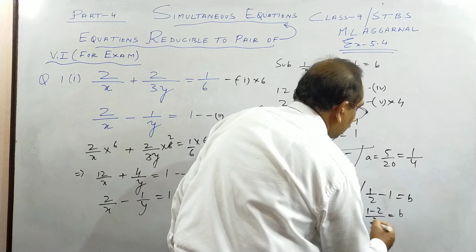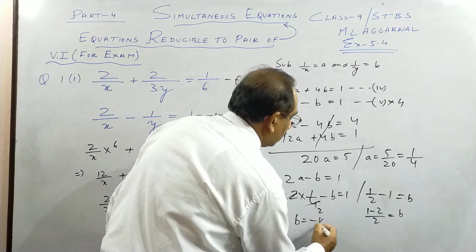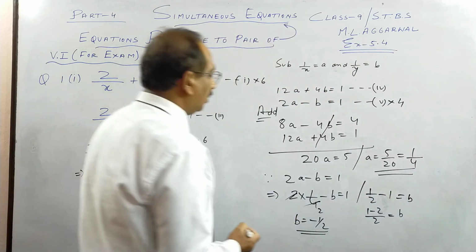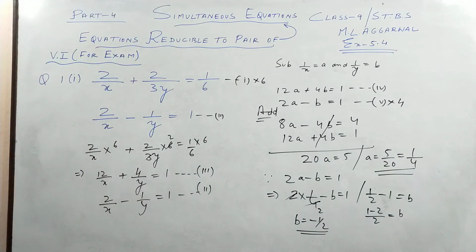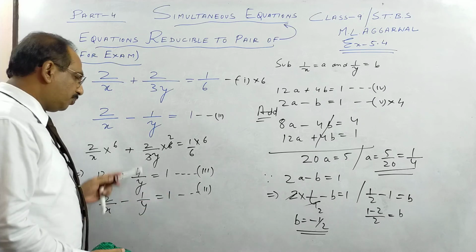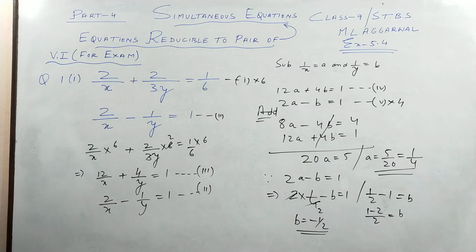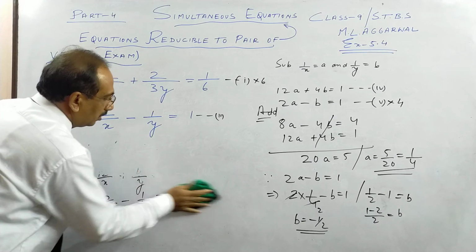So you get, children, b is minus half. So we get a as 1 by 4 and b as minus half. Let's pause the video and copy, then I will write the final answer over here.